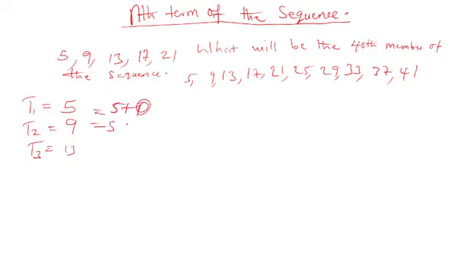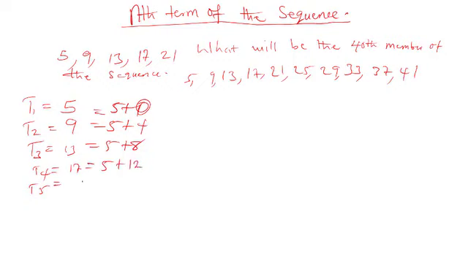The second term is 5 plus 4. The third term is 5 plus 8. Here we have 17 and 21, that's T4 and T5. This term here is 5 plus 12.